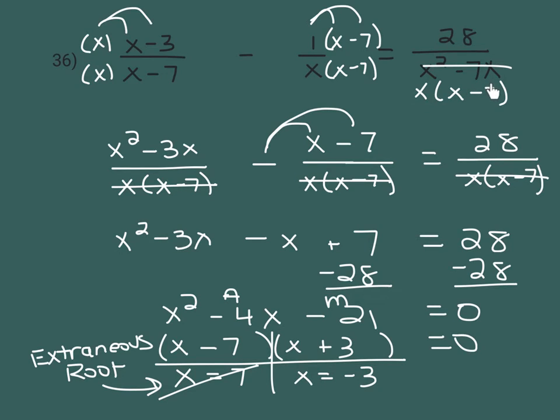So if it doesn't create a 0 in any of the denominators, that would be a solution. And also, if you want to check to make sure you did everything right, take the negative 3 and substitute it back into the original problem and see if it equals out.